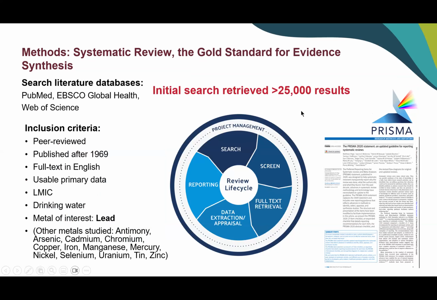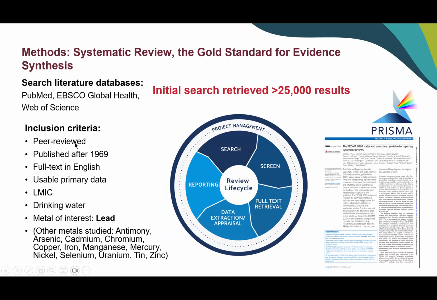Our initial search for peer-reviewed studies published in the last 50 years or so that presented primary data on lead and a number of other toxic metals in drinking water returned a tremendous number of results, more than 25,000 potentially relevant results. That was too many for humans to screen, so we used some approaches to narrow that down.